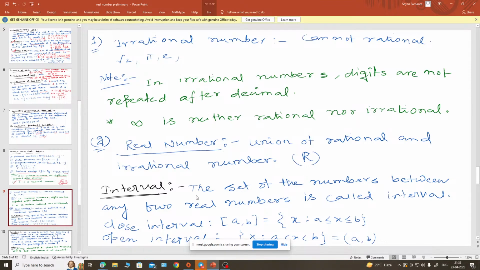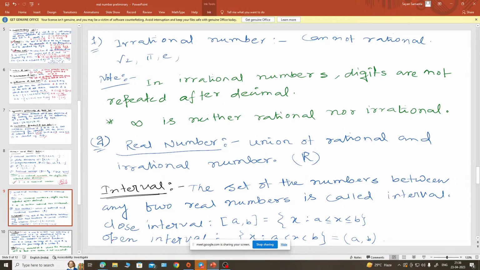Now interval. What is an interval? The set of numbers between any two real numbers is called an interval. A closed interval is symbolized with square brackets, x belongs to [a, b] where a less than or equal to x less than or equal to b.